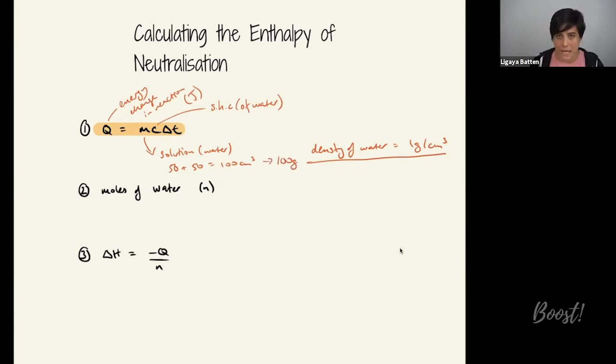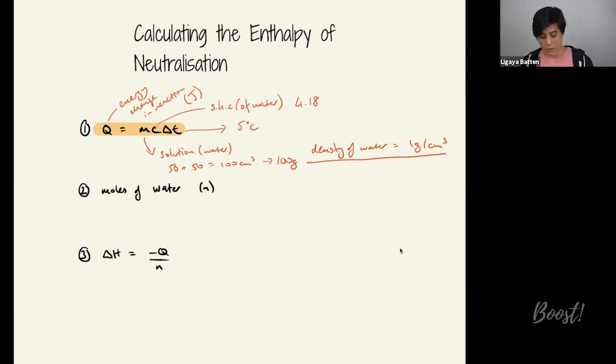The specific heat capacity of water, as I said, will usually be given to you either in the question or in the data booklet, and that's approximately 4.18, or sometimes you just round up to 4.2. And then your temperature change is obviously what you measured in your experiment. So let's say, for argument's sake, it's going to be 5 degrees centigrade.